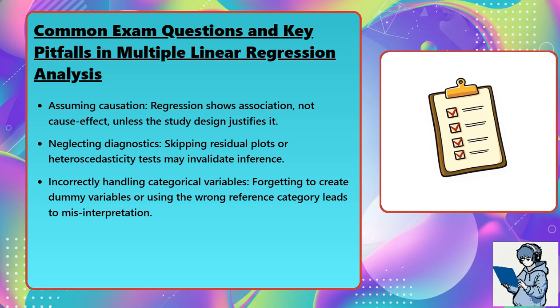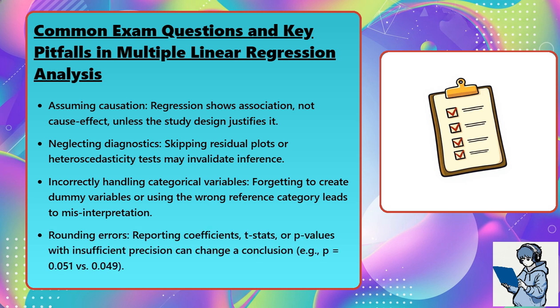Incorrectly handling categorical variables. Forgetting to create dummy variables or using the wrong reference category leads to misinterpretation. Rounding errors. Reporting coefficients, t-statistics, or p-values with insufficient precision can change a conclusion. For example, p equals 0.051 versus 0.049.